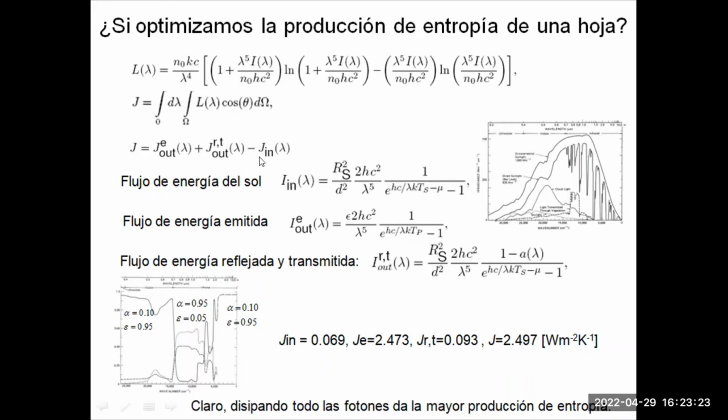And therefore, we can calculate the entropy production as a function of number of photons starting from this short wavelength, because at the short wavelength region is where we get more entropy production per photon. And if it's a question of number of photons that the system can handle, because of its finite size and its finite lifetime, the system will start to dissipate photons which are at the short wavelength region because they produce more entropy.